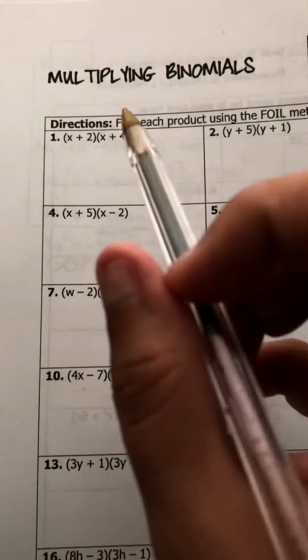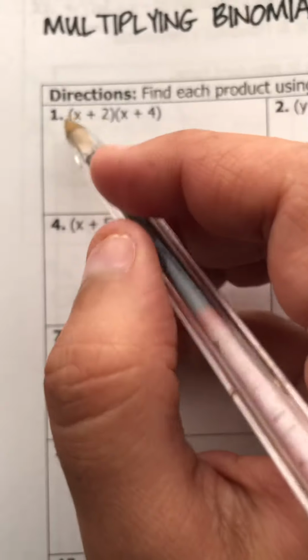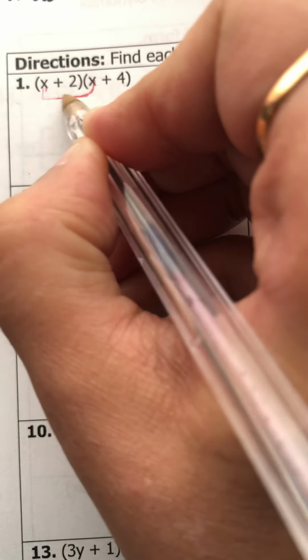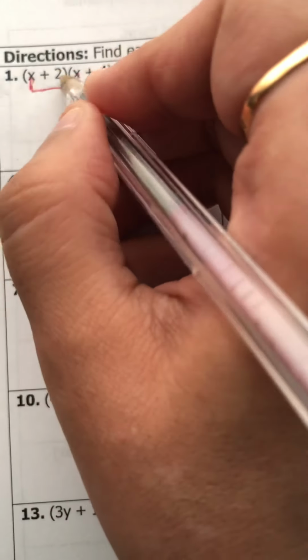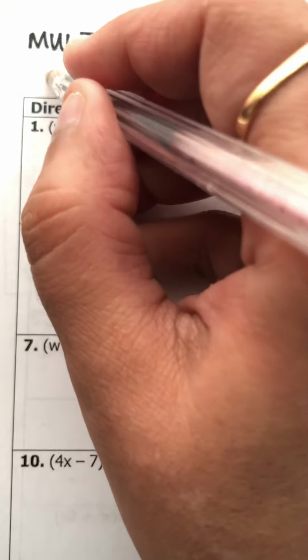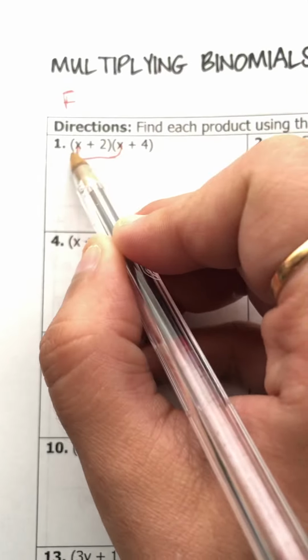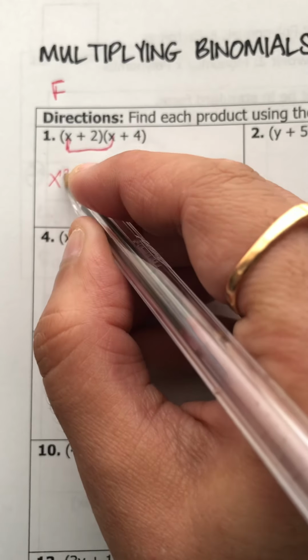So when we look at the binomials, F would be the first, multiplying x and x. I'm going to follow FOIL. So multiply the first terms of each binomial, this and that. It gives me x squared.